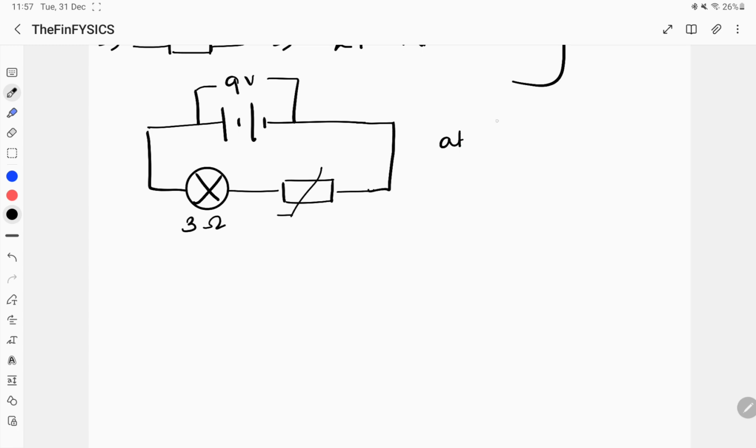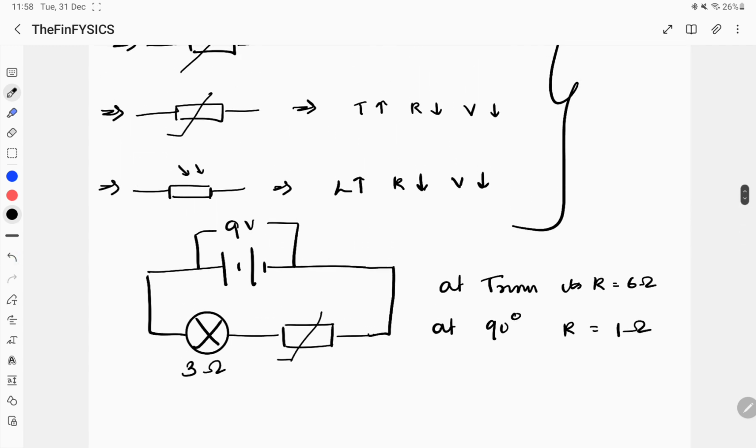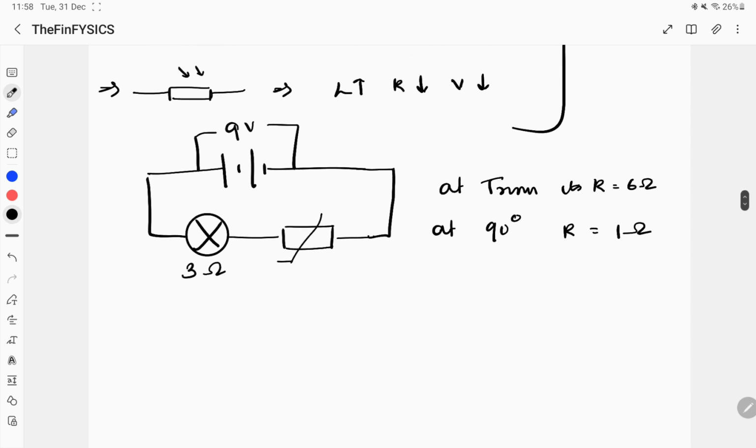Let's assume at room temperature its resistance is 6 ohm, and at a temperature, let's assume 90 degrees, its resistance is 1 ohm, because as temperature increases, your resistance has to decrease.